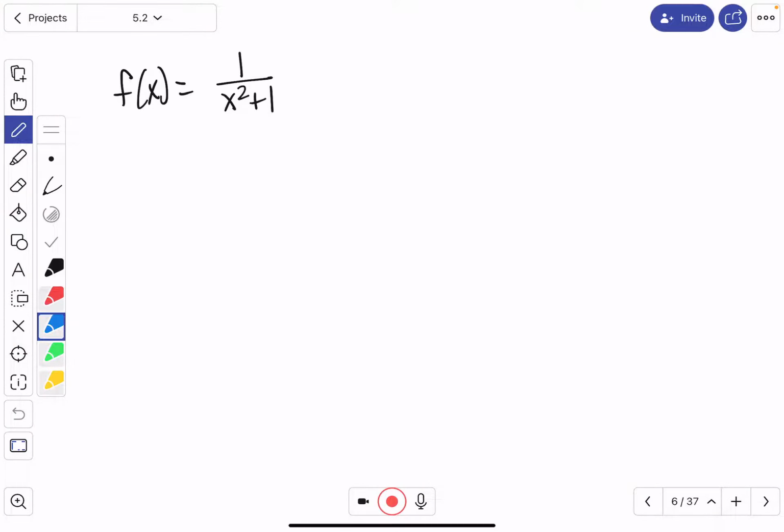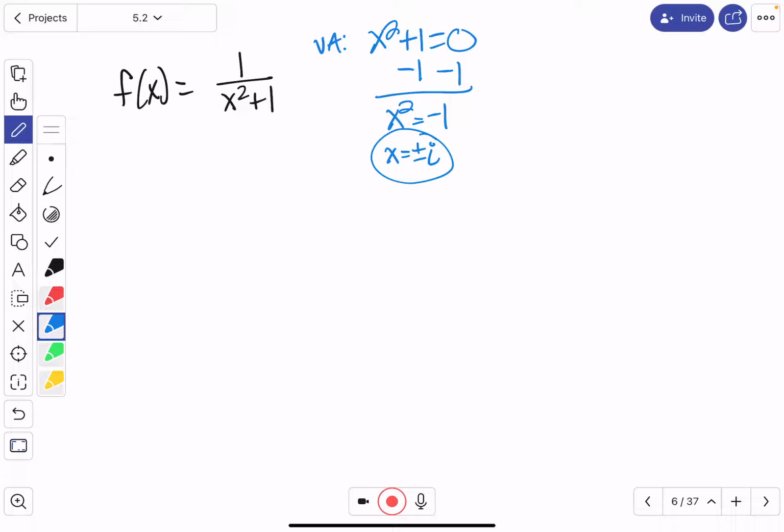Okay, so this first one, vertical asymptote. We set the bottom equal to 0. Subtract 1 from both sides. Square root of negative 1 is i. And since that's not real, there's no vertical asymptote on the graph.